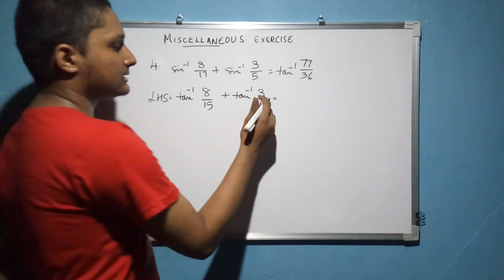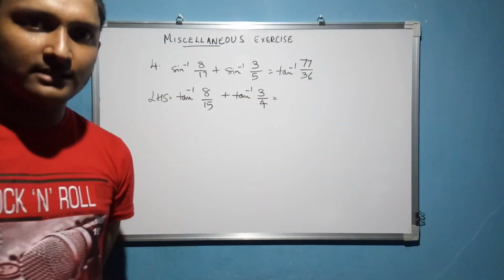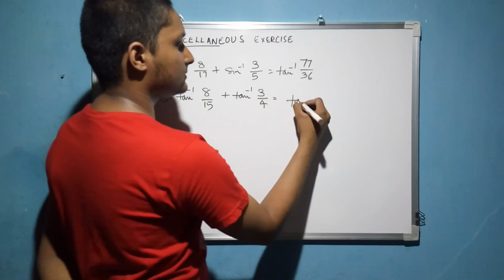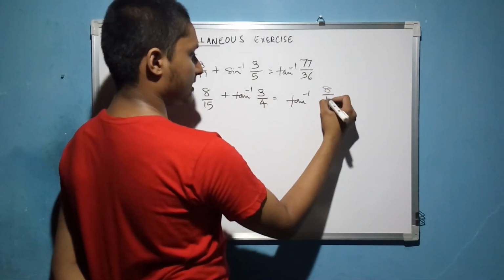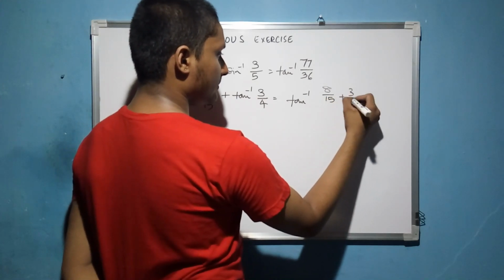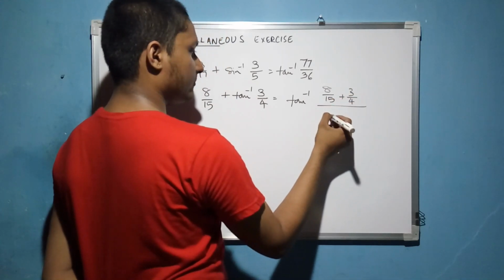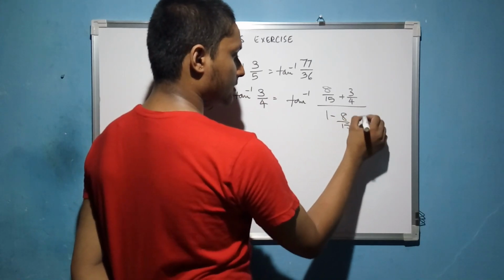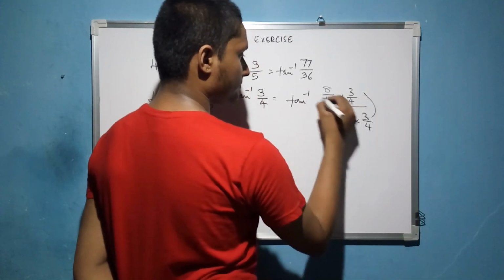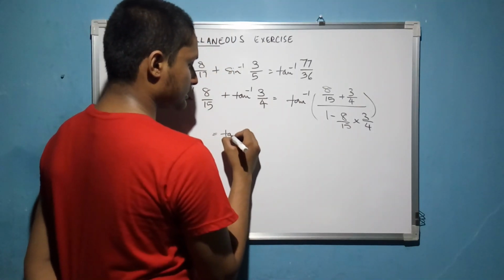So you have tan x plus tan y. Their product is however less than 1. No need to worry. So this becomes tan inverse of first plus second, 8 by 15 plus 3 by 4 divided by 1 minus 8 by 15 into 3 by 4. Okay, now what is this?